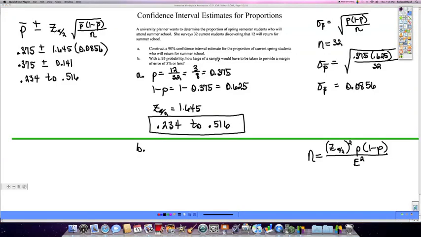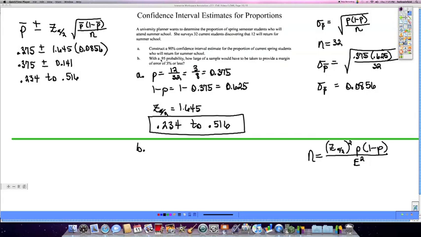For part B of our problem, we are asked to find the n value that will provide a margin of error of 3% or less, on this proportion problem. Now, we are going to be changing the confidence level.